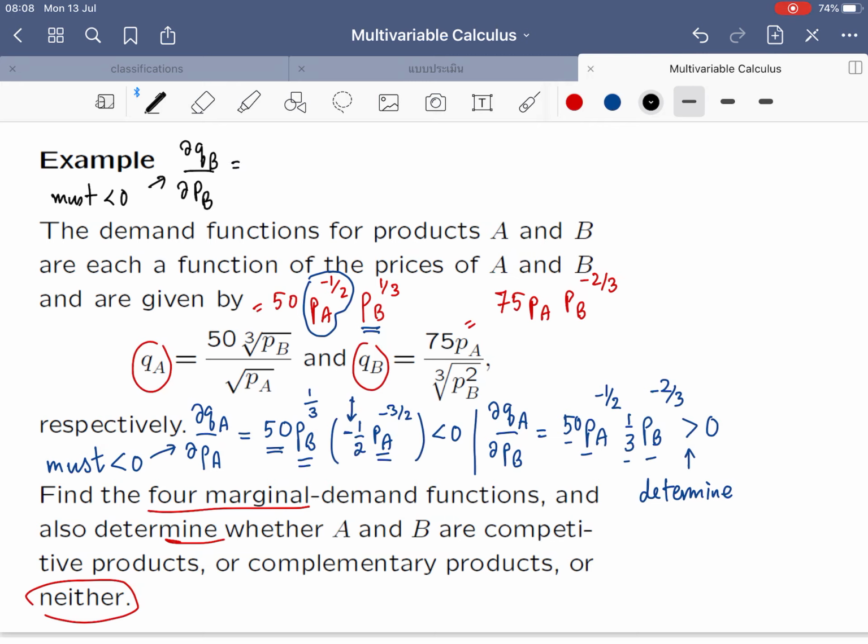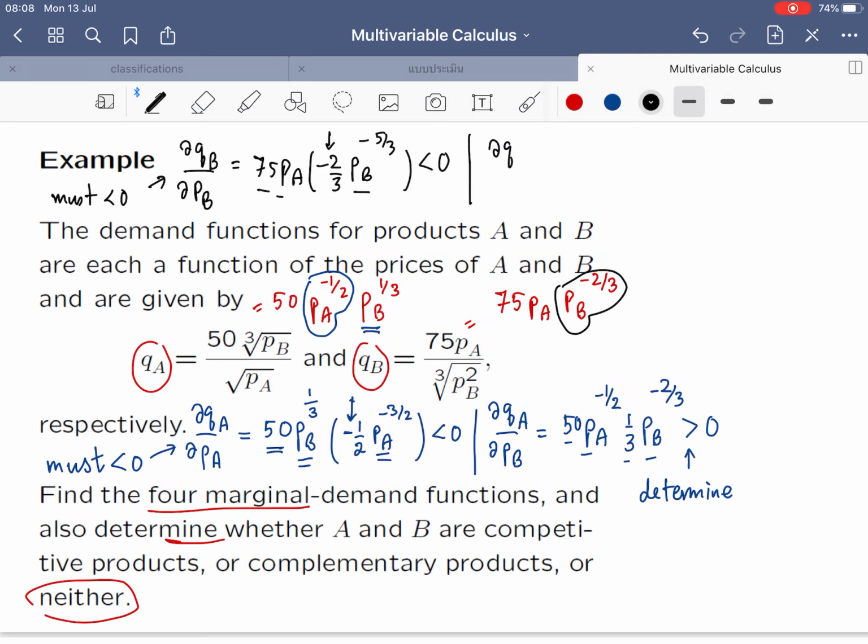So let's see, it is 75 PA, and then the derivative goes directly to PB raised to the power negative 2/3. So this is PB to the negative 5/3. Of course, they are all positive except this one, so it is negative as we expected.